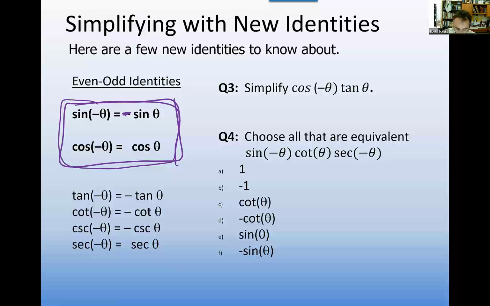Okay, so number 3, I want to simplify this. Now, it's not simple because one of them has a negative theta inside, and I also have a tangent of theta in this problem. So I want to start simplifying number 3. This is not so nice. How can I make that better? What is cosine of negative theta equal to?